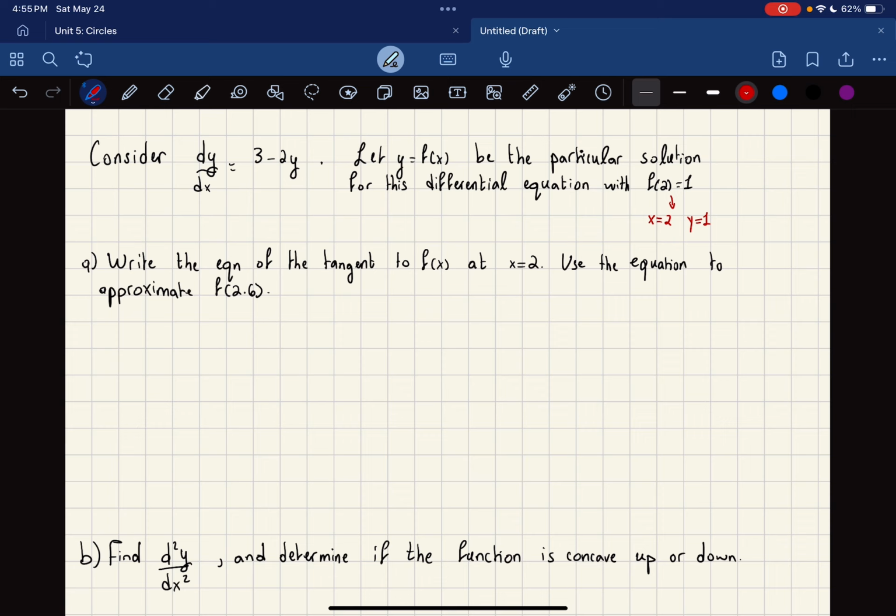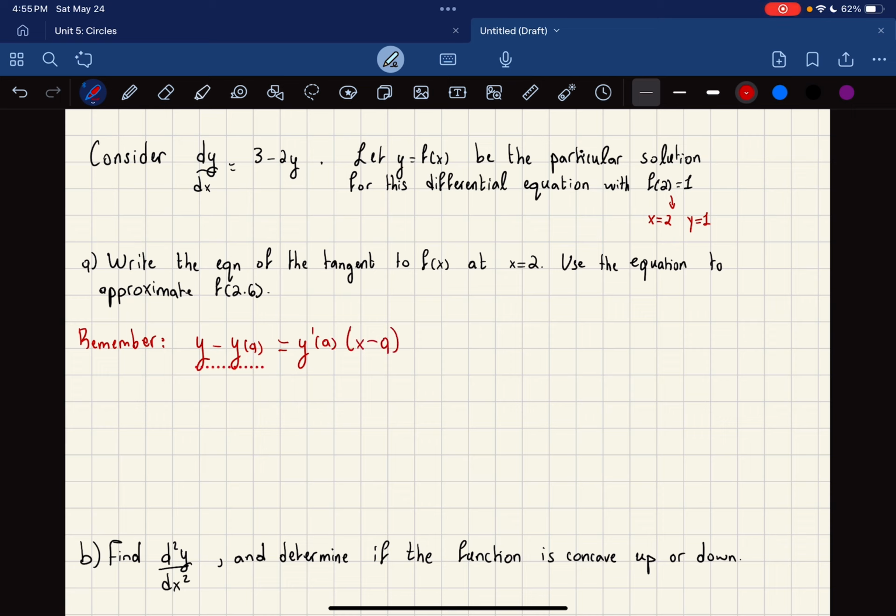So in the first question, they said, write the equation of the tangent to f of x at x equal to 2. Use the equation to approximate f of 2.6. Now, you need to remember in Unit 5 that to find the equation of the tangent, we used to do y minus y of a at that point equals y prime of a times x minus a.